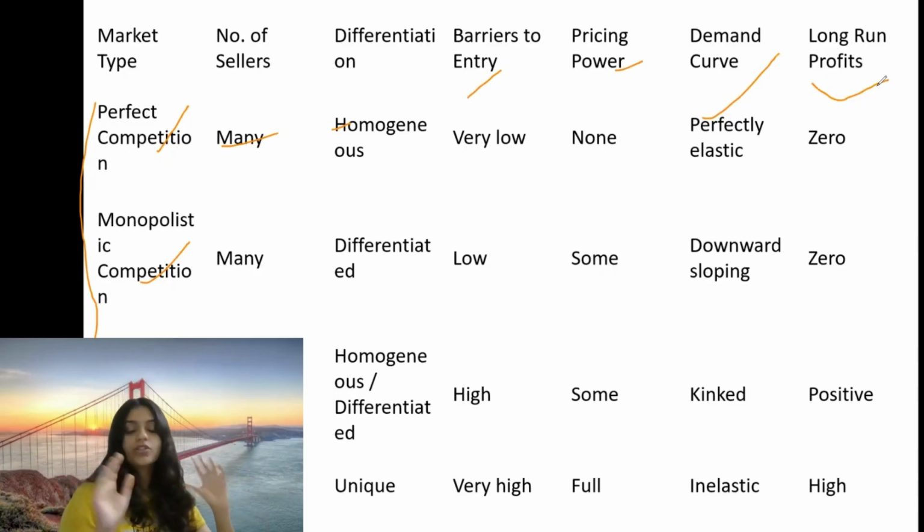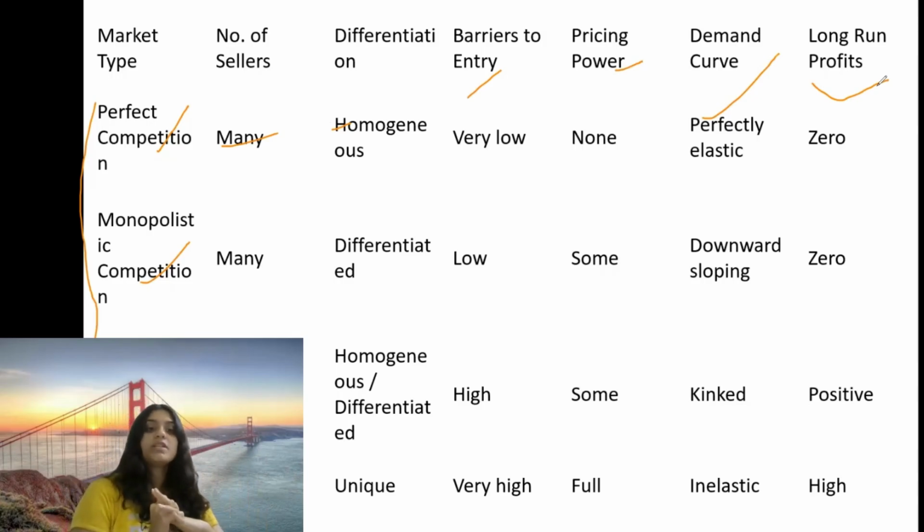You need to remember all of these pointers. One more thing you need to remember is that perfect competition will always have a well-defined supply function. Just remember that.